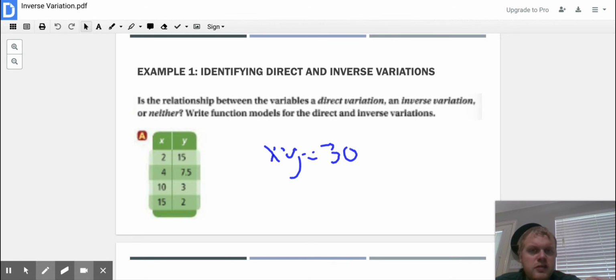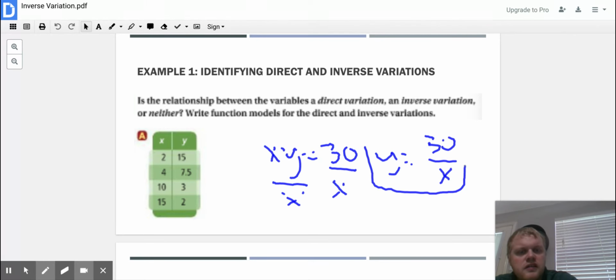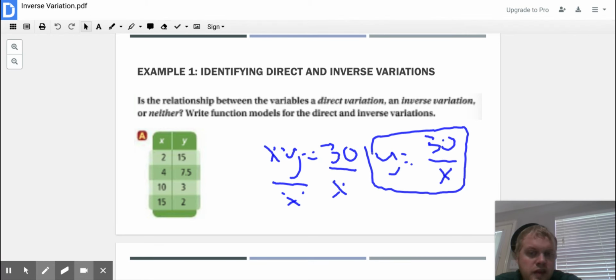So xy is going to equal 30 because 30 is our constant. Now remember, we want our formulas in y equals form, so we have to get x away. If I divide both sides by x, y should equal 30 over x. And this would be our model for that equation.